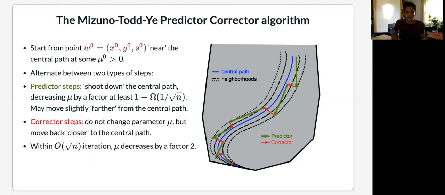What follows is then a corrector step that doesn't try to decrease the duality gap, but just tries to get closer to the central path. And repeating these alternating steps, it can be shown that within O of root n iterations, we are able to decrease mu by a factor of 2, which already gives essentially the weakly polynomial analysis.